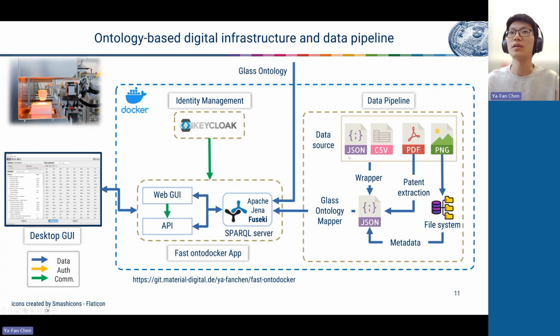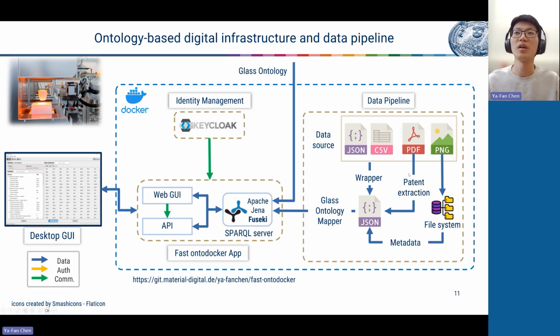And here you see the data sources. We have data from the robot in JSON format, the open source database data in CSV format, the patents in PDF format, and image analysis in image format or even video format.